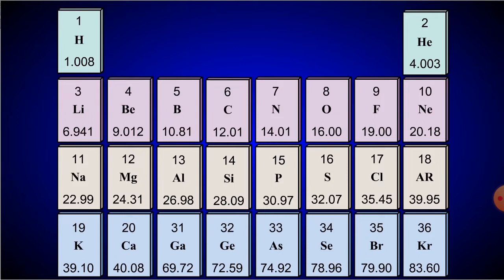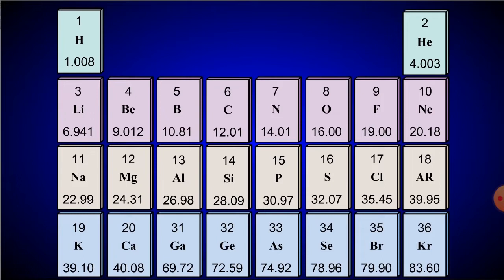What is this number? Actually, this is the number of protons in the atom of the element. Every element has its specific number of protons. No two elements have the same number of protons in their atoms at all.